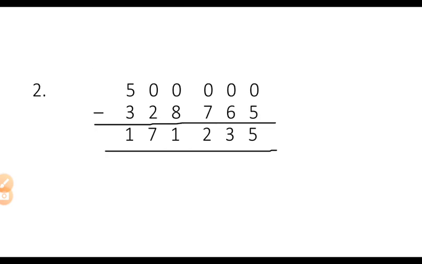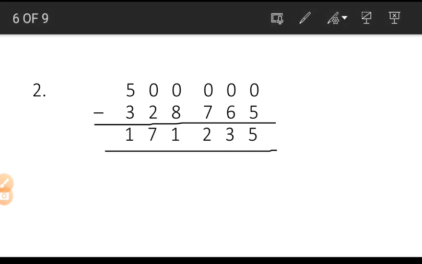Now this is what we have. According to the rule of subtraction, when you try to subtract one number from the other and you are not able to do that, that is to say the number you want to subtract from is smaller than the number you are subtracting, you borrow from the next digit.